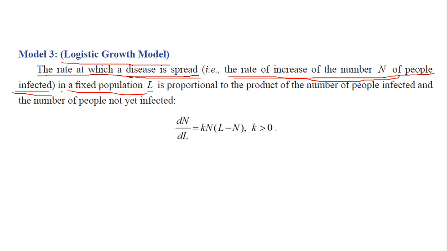What is the meaning of dn by dt? It means the rate of change of the number of people infected. It is directly proportional to the product of the number of people infected, which is n, and the number of people not yet infected, which is L minus n.